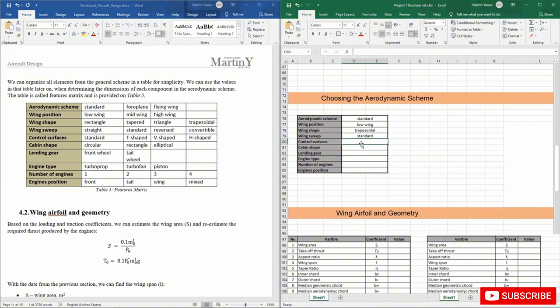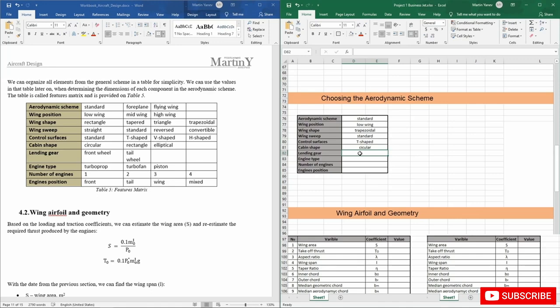Then for the control surfaces, I will use the T-shape, which is also quite common. Basically for civil aircraft, you either use the standard, with engines inside the wings, or the T-shape. Both schemes are proven to be very common for this type of aircraft. Then the cabin shape is going to be circular.